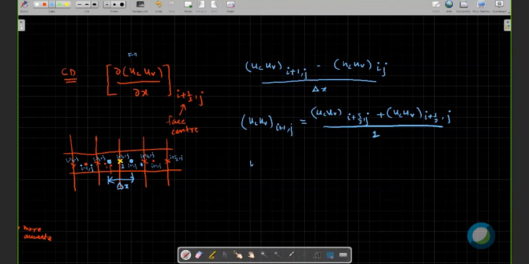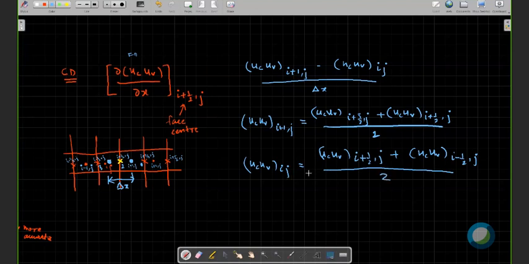And for this one, you see UC UV at i, j will be the average of these two values, 2 and 3. So 2 is UC UV at i plus half, j plus UC UV at i minus half, j, divided by 2. Okay. So it is very simple. Similarly, you can do it for other terms.